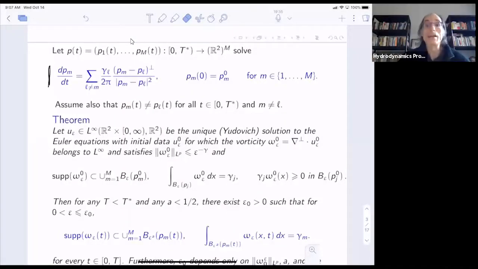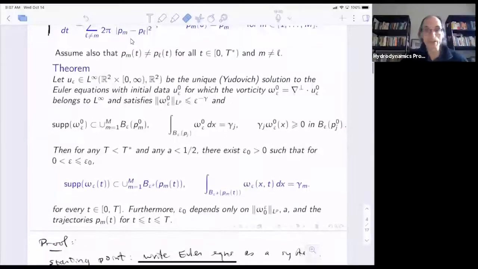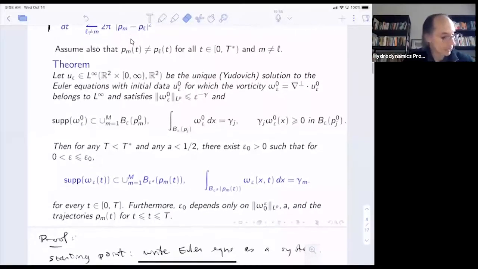Okay, and then the theorem we want to prove says that if we solve the Euler equations with vorticity which is in some way close to the initial positions for these P_m's at time 0. So close means the support of the vorticity is concentrated in epsilon balls around the initial positions. The ODEs have this vortex strength gamma built into it, gamma_j or gamma_m.